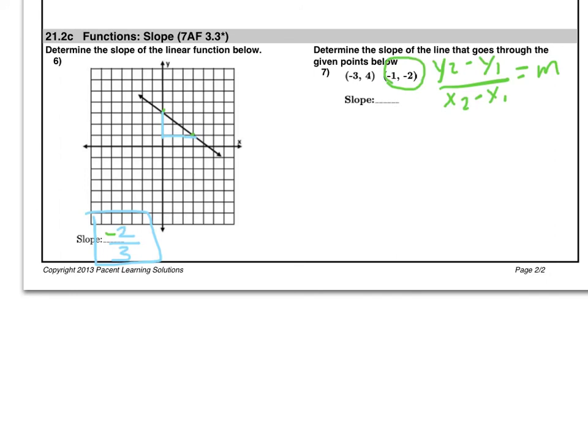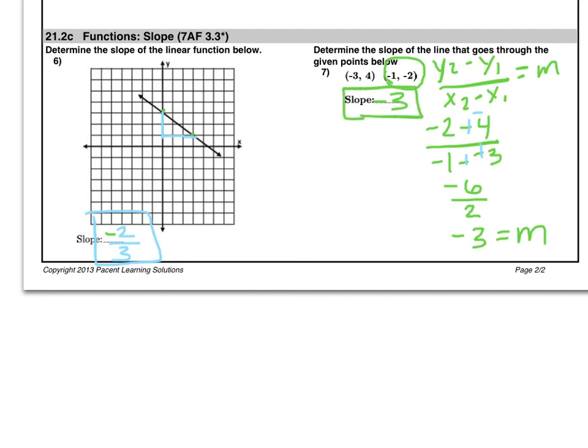So I have a -2 minus a 4 over a -1 minus a -3. And I always add the opposite. And so I end up with a -6 over a +2, and that reduces to a -3. And so my slope is -3. So I'm going to write -3 on the line and box my answer.